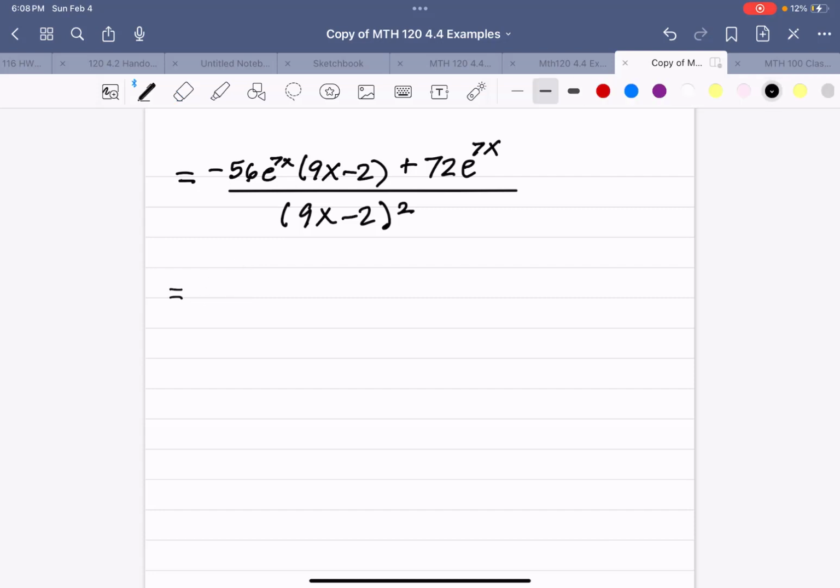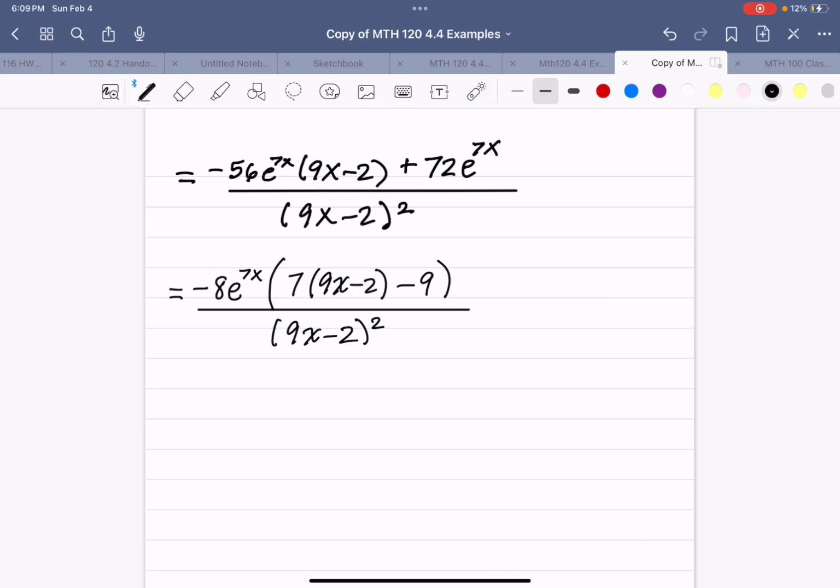What 56 and 72 have in common is 8. So I'm going to bring out a negative 8 and an e to the 7x. It's going to leave me with a 7 times 9x minus 2. And then I'm going to need a minus 9 there. And all of that is over 9x minus 2 quantity squared.